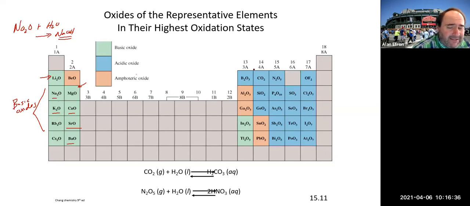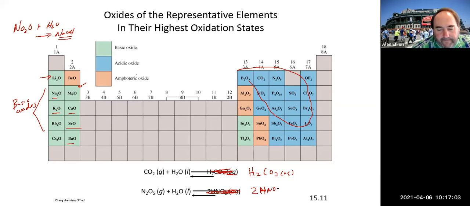Now, our acids come over in our non-metal region of the periodic table for the most part. A lot of those will be over there. And on the bottom here, we have CO2 plus some water makes some carbonic acid. The arrow's a little bit off there, so we'll just rewrite it here. N2O5 plus some water will make a couple of nitric acids, and so forth.